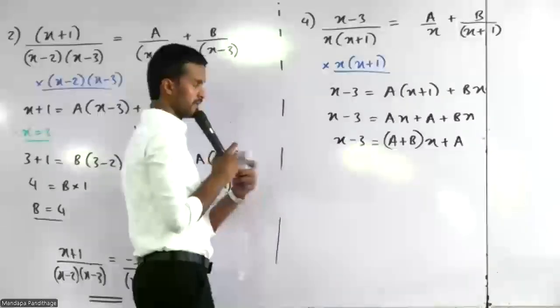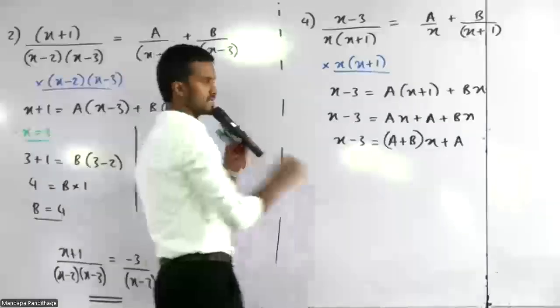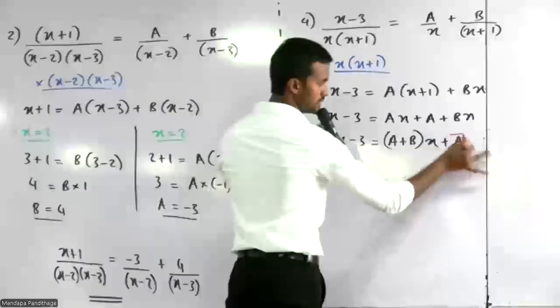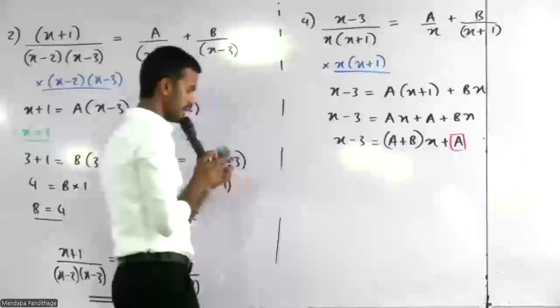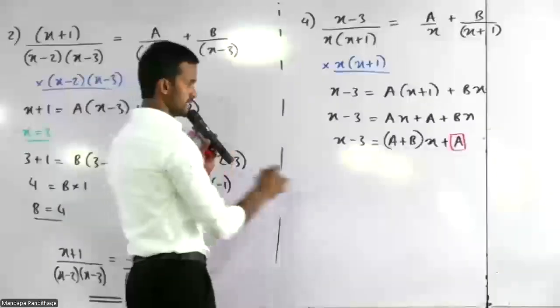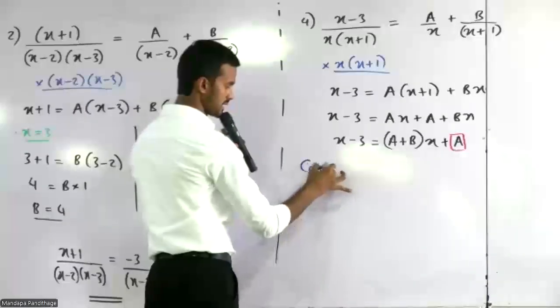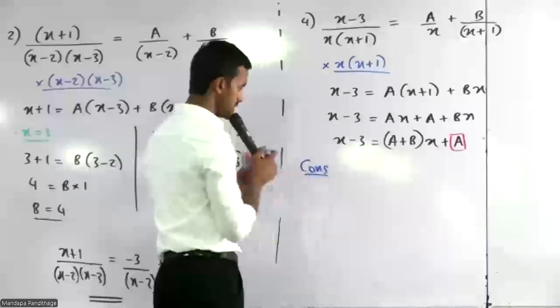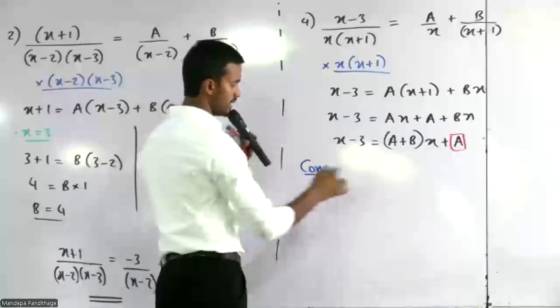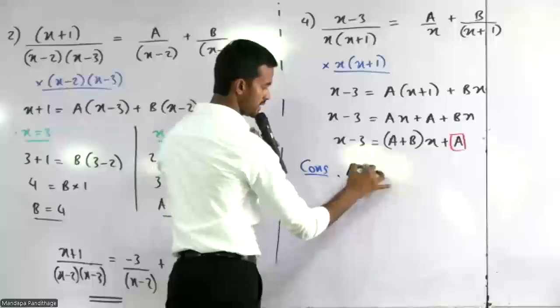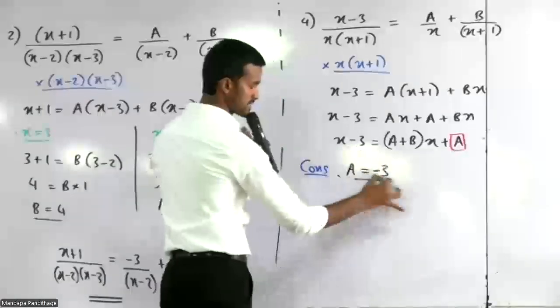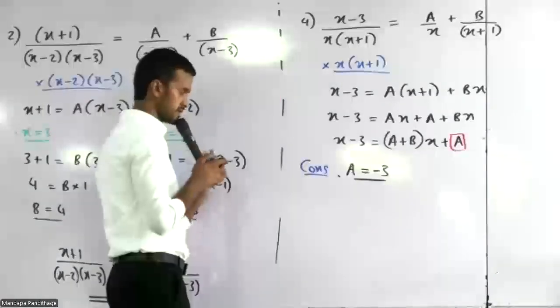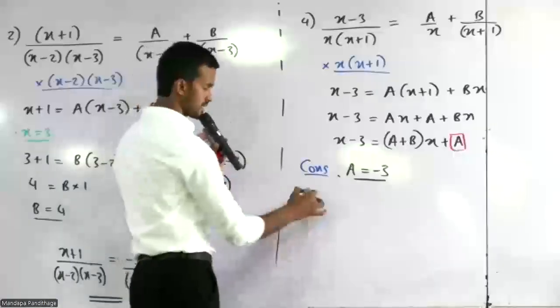So here directly you can say, because the only constant here is a, no? So directly you can take the value of a. If you compare the constant, a is equal to minus 3. A is equal to minus 3, clear? Because this is the only constant.